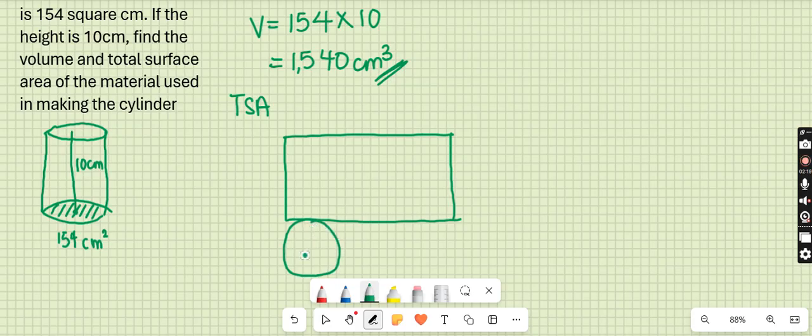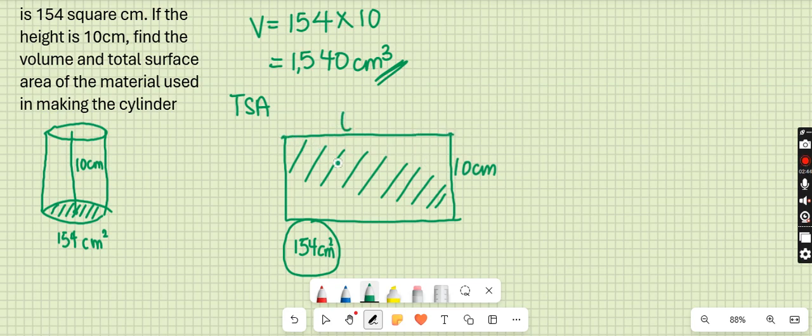We're already given the area of this circle to be 154 centimeters squared. Now we need to find the area of this rectangular surface. We are told the height is 10 centimeters, but we don't know the length.